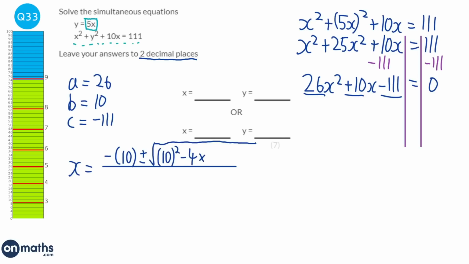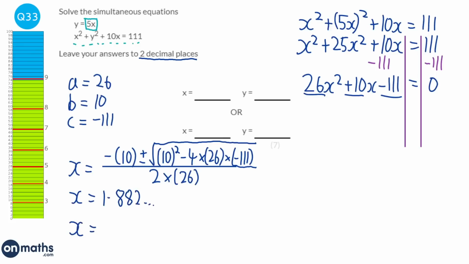Minus 4 times a, which is 26, times c, which is minus 111. And then all of that over 2 times a, which is 26. So we're going to do this once with a plus there. And so when we have a plus there, we got 1.882, and so on. And when we do it with a minus there, we get minus 2.267, and so on.